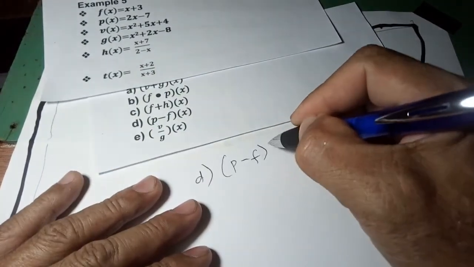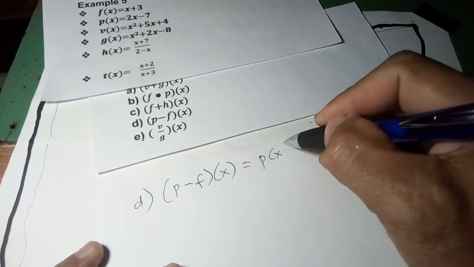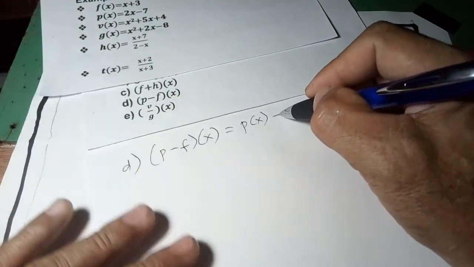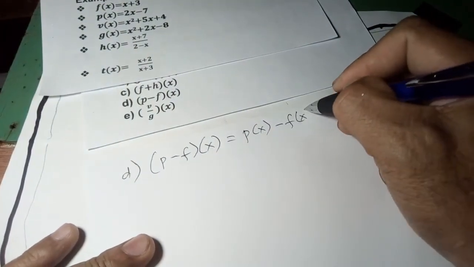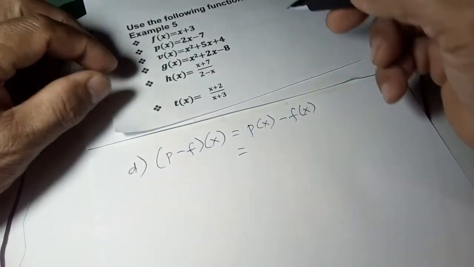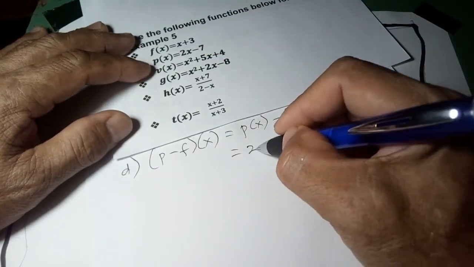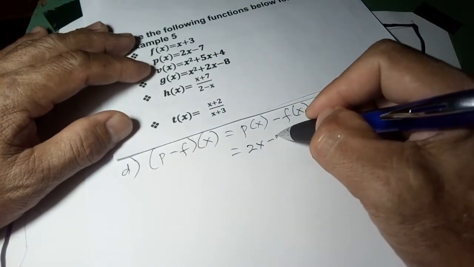Next problem, letter D. p minus f of x is equal to p of x minus f of x. In our given, what is p of x? This is 2x minus 7.